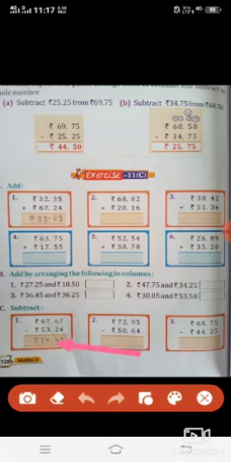Now we will put a point here, and then we will subtract 3 from 7, then we get 4, and now we will subtract 5 from 6, then we get 1. Finally we get 14 rupees 43 paise as the answer. Okay students, you will solve question number 2 and 3 in homework.